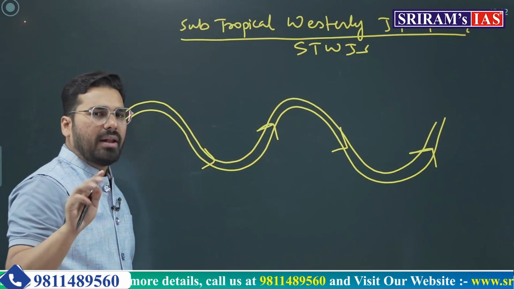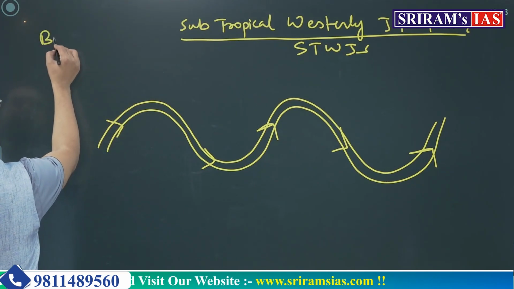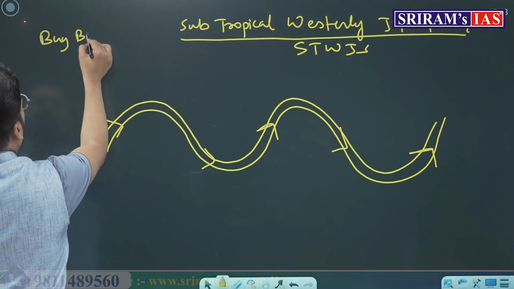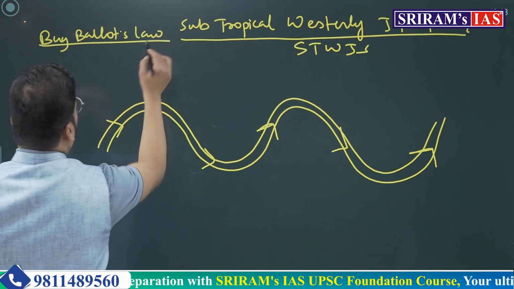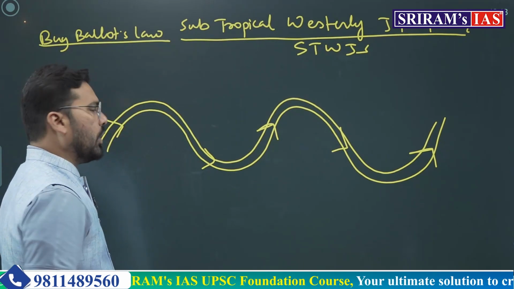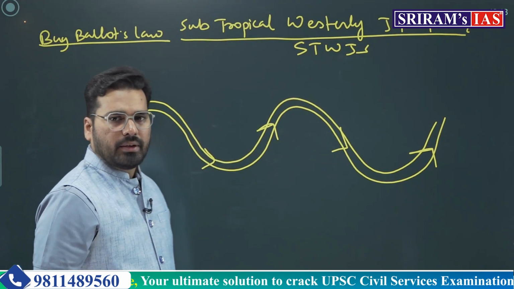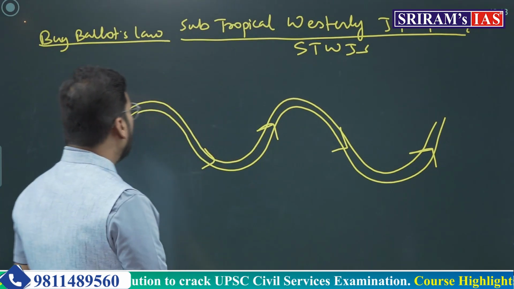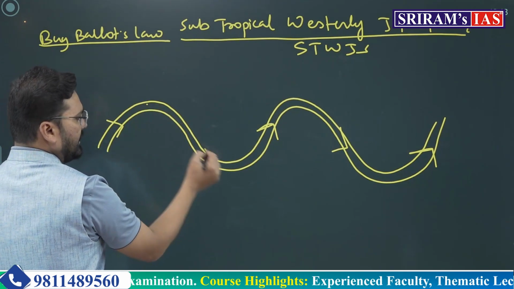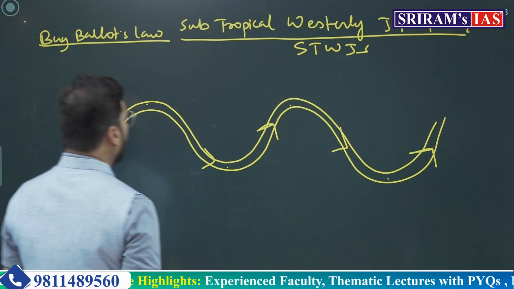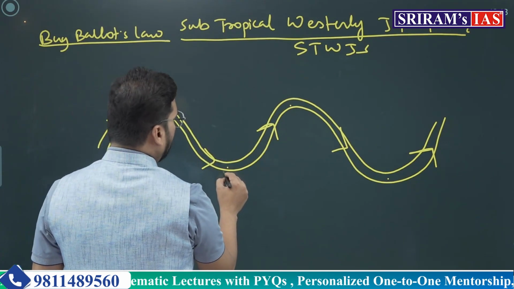This is called Buys Ballot's law. Even if you don't understand, just listen to me. Now what does this law suggest? Chalo, I'll explain here. This law suggests when a jet stream moves, say in the northern hemisphere, then this jet stream will have certain anticline, syncline, anticline, syncline. Now this can be called a ridge. This can be called a trough.